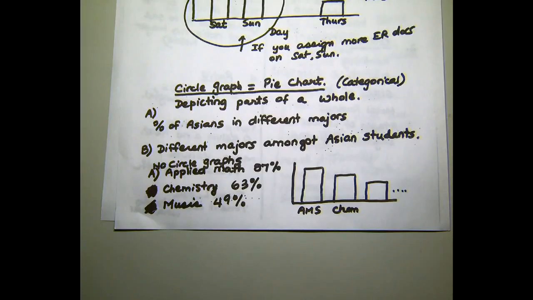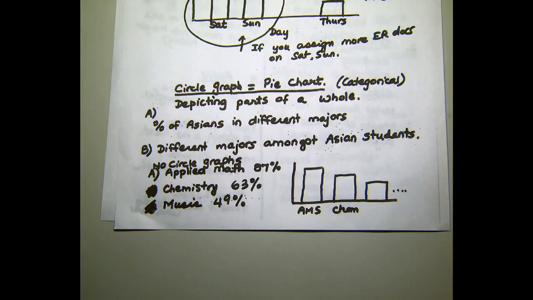Chemistry, I don't know, 68% Asian. Music, 90% Asian. Can I put that in a circle graph? Yes or no? No, of course not. I've already exceeded 100%, right? How are you going to show that in a circle graph?